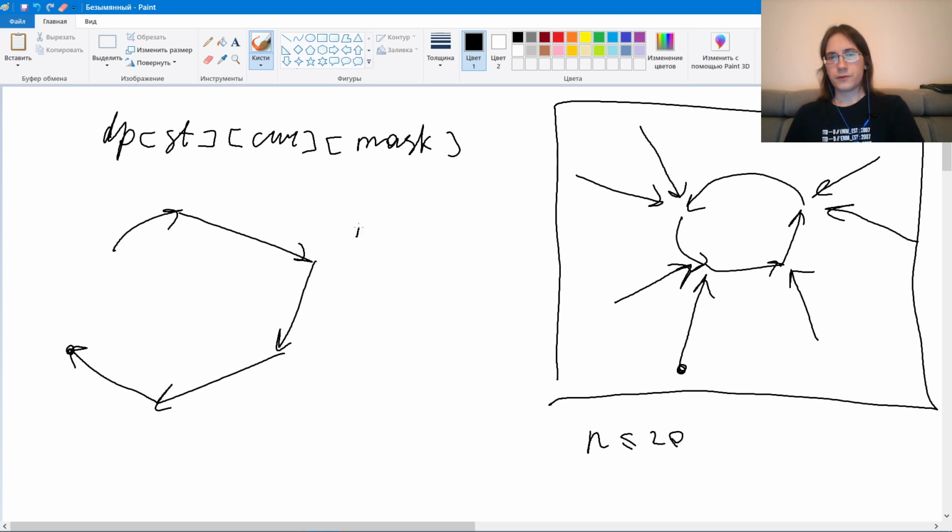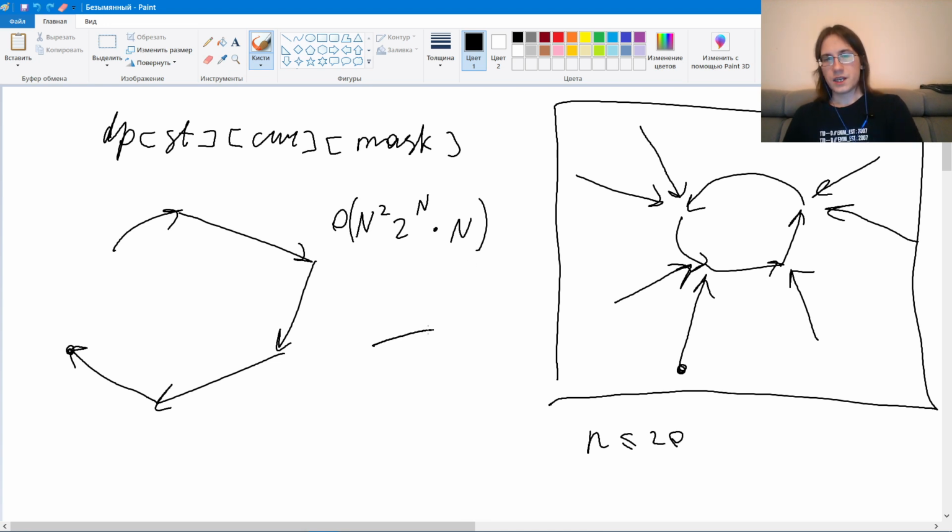In such case, we'll have n squared times 2 to the power of n different states, and there will be O of n transitions from each state, because from each state we can go to any of the remaining vertices. But this time complexity will not pass the time limit, so we need to get rid of one of the n's.